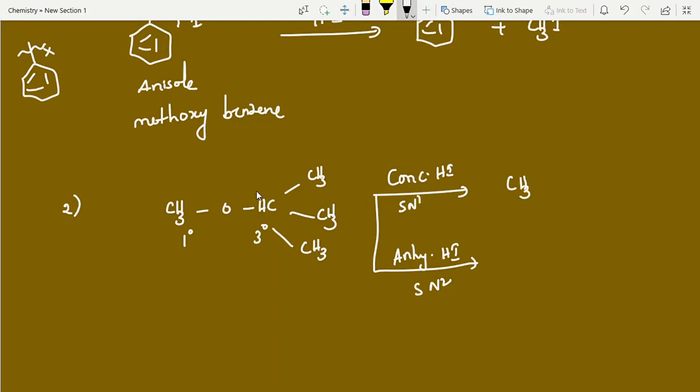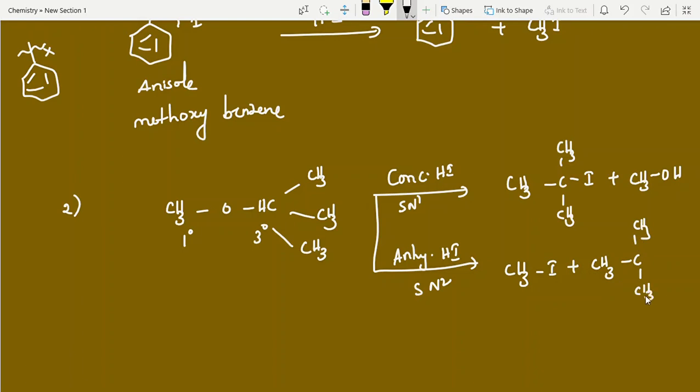SN1 means here positive charge, CH3, CH3, I, next to CH3, OH. Now here SN2 means it favors CH3I plus CH3, CH3, CH3, OH. This is your answer, students.